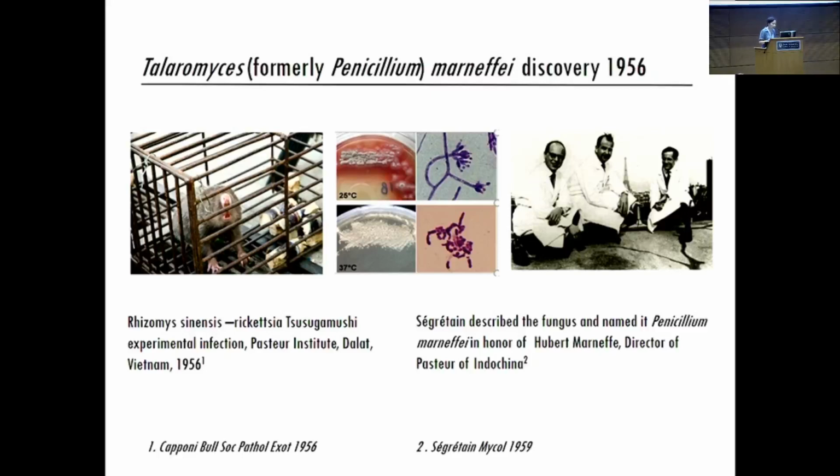And they behave culturally just like penicillium, but interestingly, they grow as a yeast at 37 degrees, and that's the only penicillium species that behaves like this out of more than 300 penicillium species. So it's very unique, and they described that.